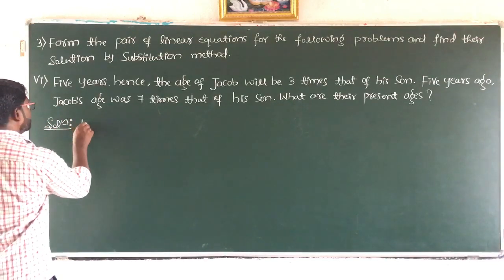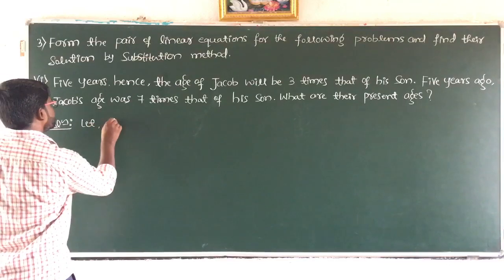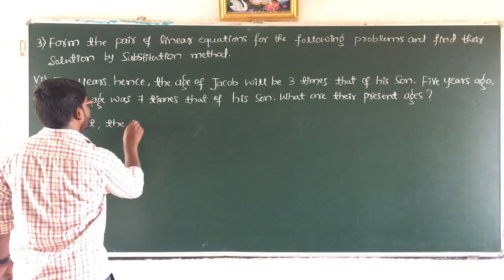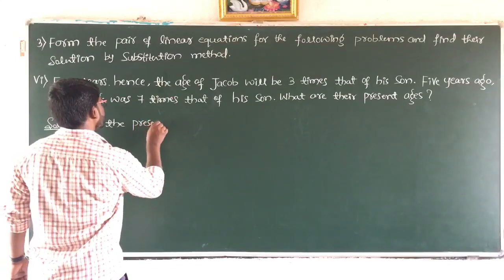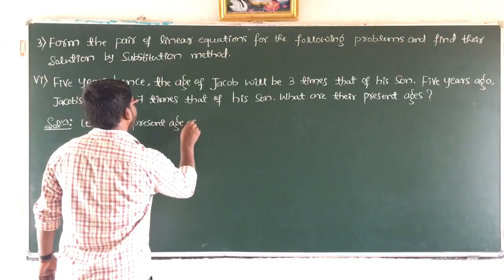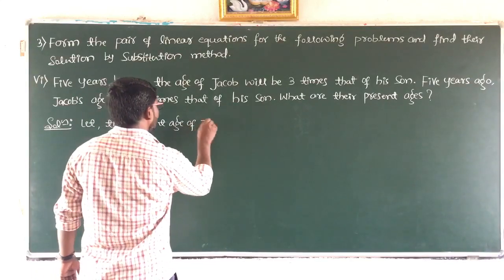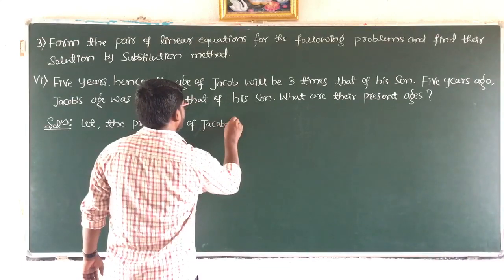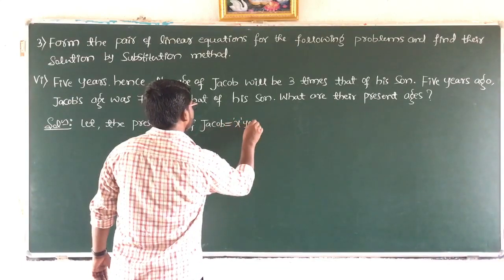Let the present age of Jacob equal to x years.